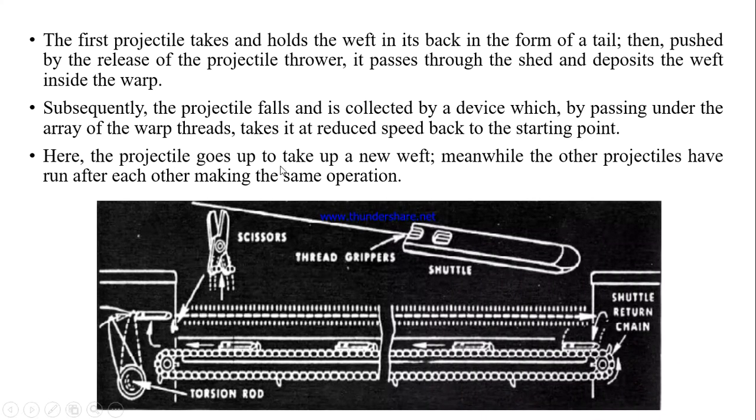Here, the projectile goes up to take up a new weft. Meanwhile, the other projectiles have run after each other, making the same operation. So I have just mentioned how the projectiles are traveling to reach their picking point, so that they can again grip the new thread and complete the weft insertion.